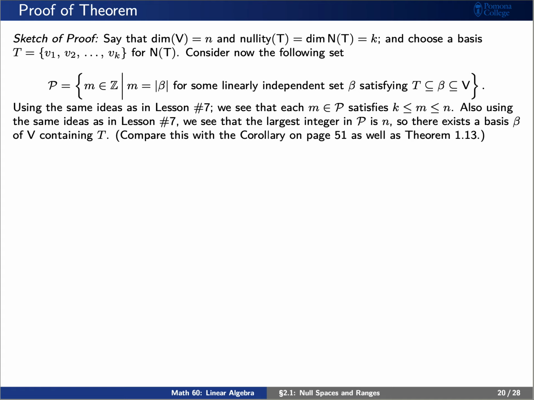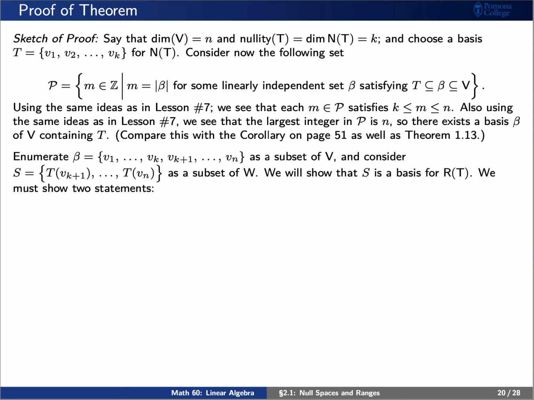Every integer m in this set is between k, the dimension of the null space, and n, the dimension of the domain. Using the same ideas in this lesson, we can see that the largest integer in the set is n, so we can find a basis beta of V containing this set T. We'll also see this later on an upcoming homework set.